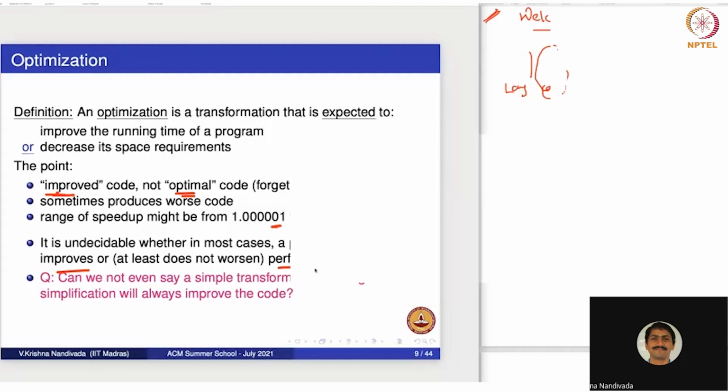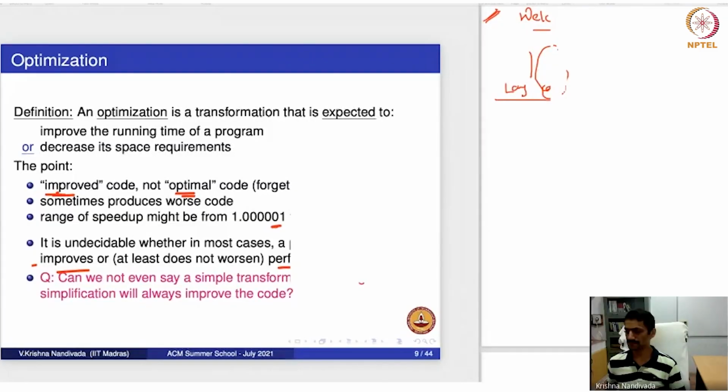So here is a fun question to start our day with. Is it really the case that we cannot really find out whether an optimization will always improve the performance? Let us say I am doing A equal to A times 2.